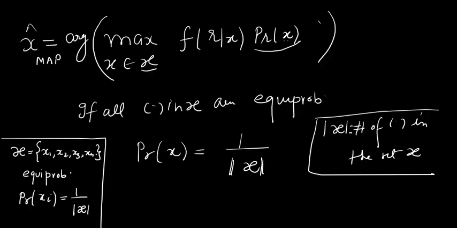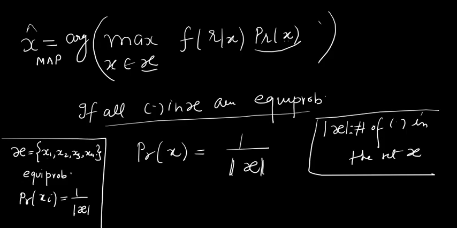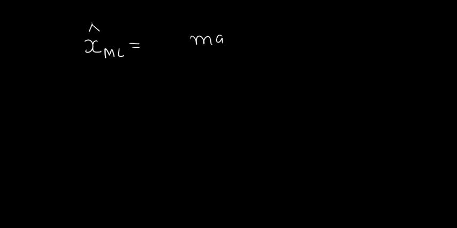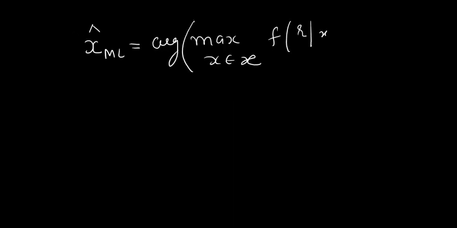So in this particular case, when all points in X, or the constellation, are equiprobable, then your X hat MAP will become, tell me, the probability of R given X. This is called maximum likelihood.